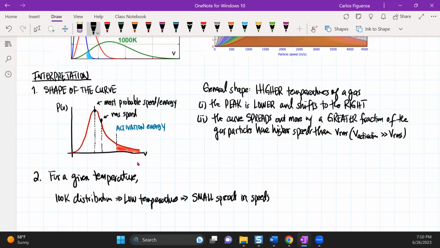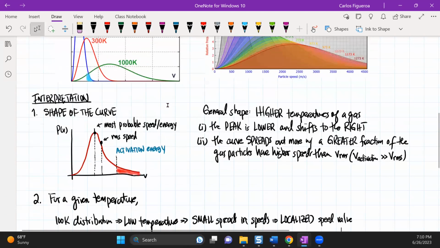The reason there's a very small spread in speeds is that, for lack of a better word, it's a localized speed value. So the most probable and the RMS are very, very close together.